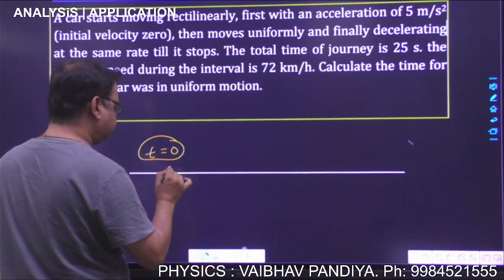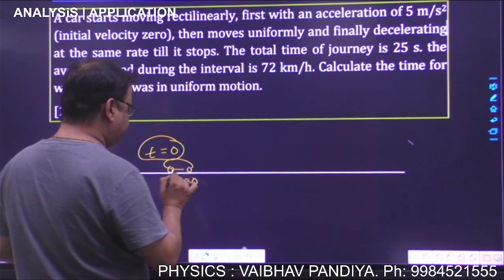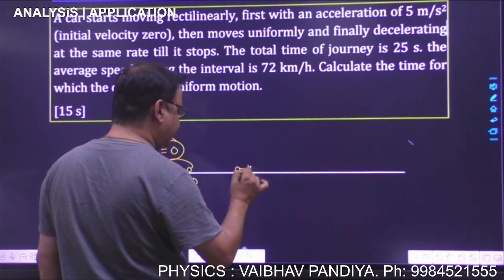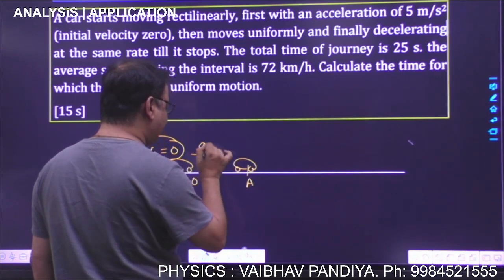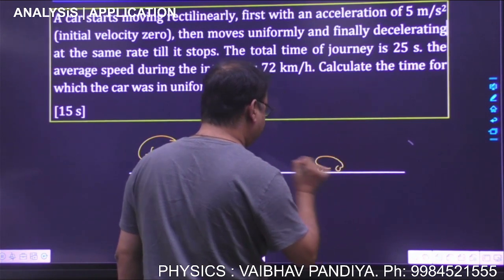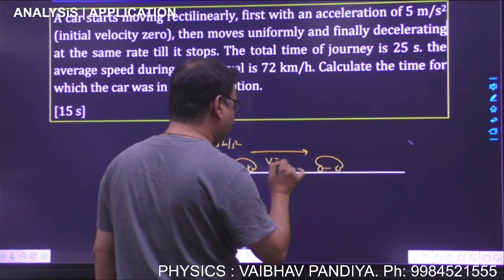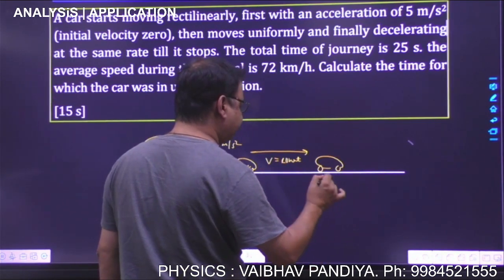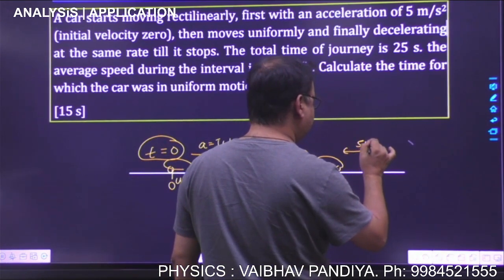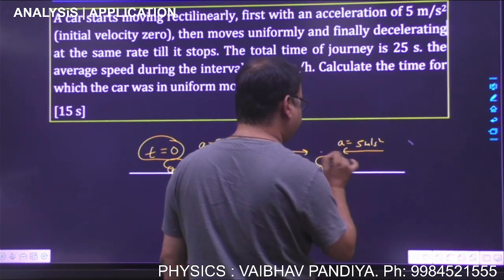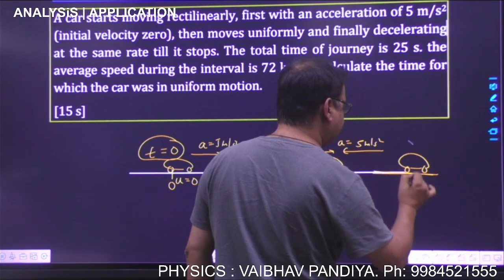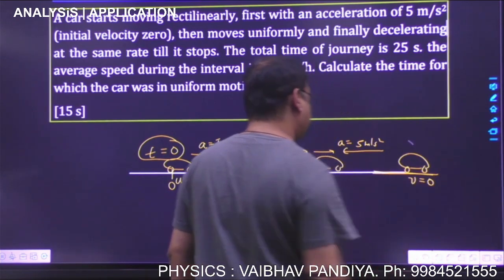The initial velocity is 0 and say it is starting at a point O and it goes up to a point A under acceleration of 5 meter per second square, after which it moves with a uniform velocity covering some distance till B, and finally there is a retardation, that is acceleration opposite to velocity of the same magnitude 5 meter per second square, and finally the car comes to halt, the stop.